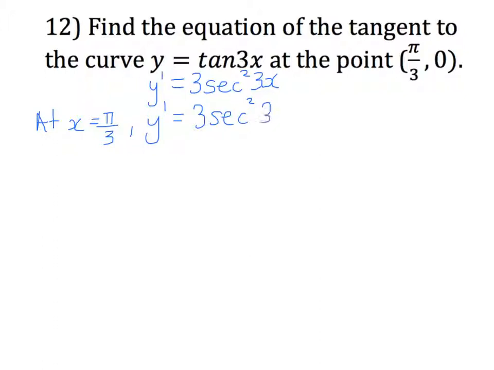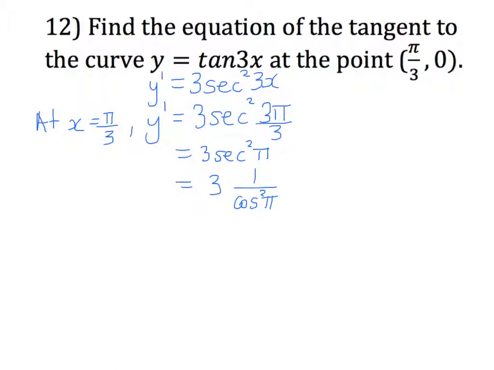You can see the 3s there are going to cancel, so that's 3 sec squared pi. Now, sec squared pi means 3 times 1 on cos squared pi. We could even write that as 3 over 1 on cos squared pi.